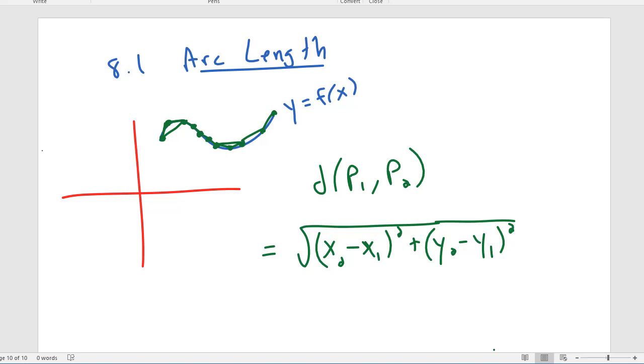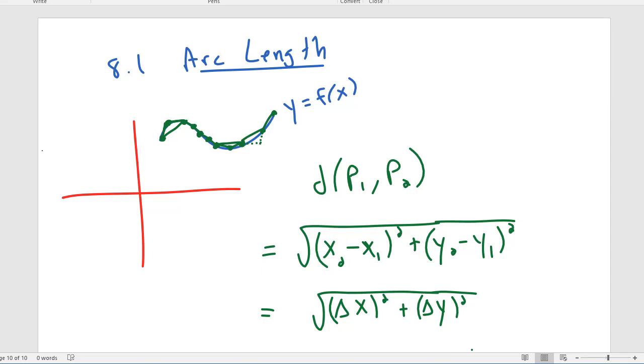If we think about this line segment here as the hypotenuse of a right triangle, we have a squared plus b squared equals c squared, and so c is the square root of a squared plus b squared. So we have the difference in the x's, the difference in the y's, and we can get a little bit more precise. We could call this delta x squared plus delta y squared. All right, now remember we're going to do this for each line segment.